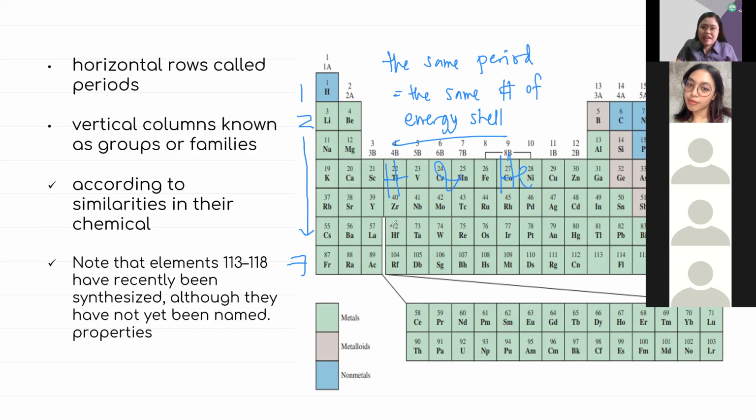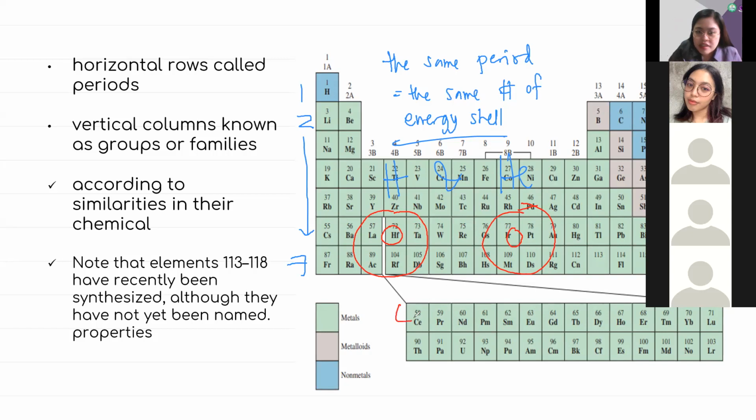Meaning for hydrogen, if this is the nucleus, surrounding the nucleus is only 1 energy shell. And that is true also for helium, because they are both in period number 1. After the nucleus, helium also has just one energy shell. As you go down the periods, for example period number 2, there are 2 energy shells. All elements in period number 2 have the same number of energy shells, and that is 2.